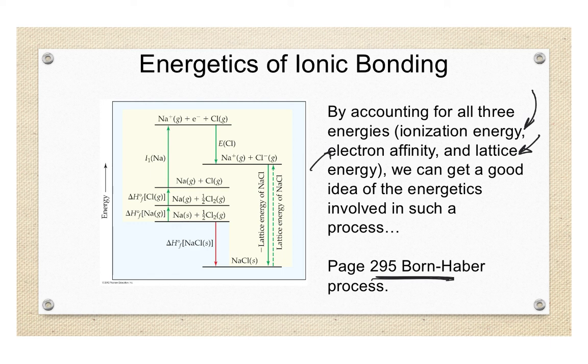The energy involved here is ionization energy, making the positive ion; electron affinity, making the negative ion; and lattice energy, pulling them together. And then, of course, we still have heat of formation for turning a solid into a gas, or a liquid into a gas, or even splitting a diatomic molecule into monatomic atoms.